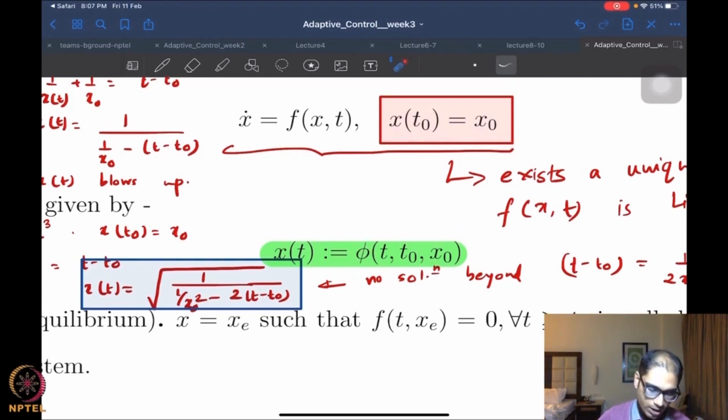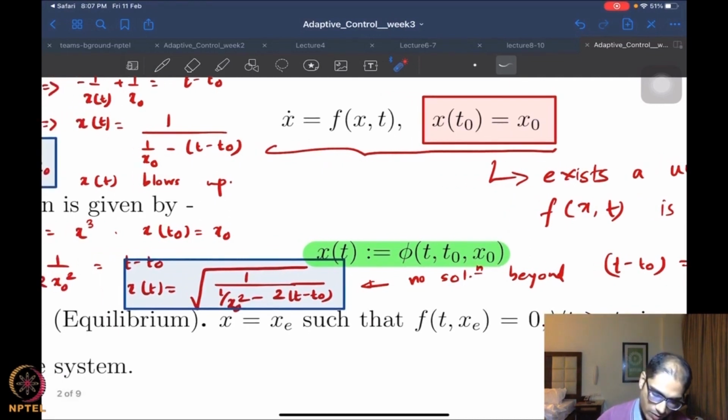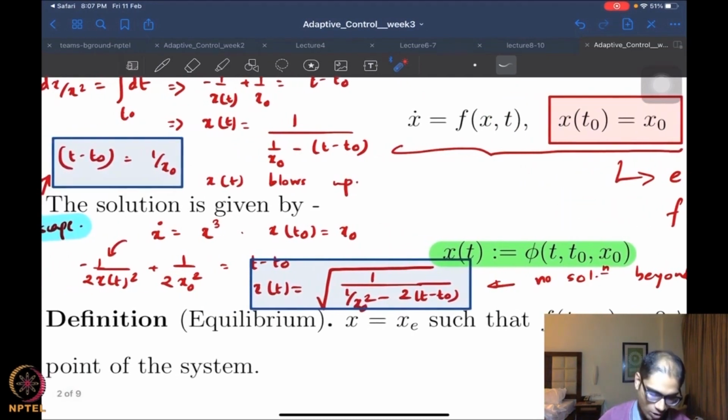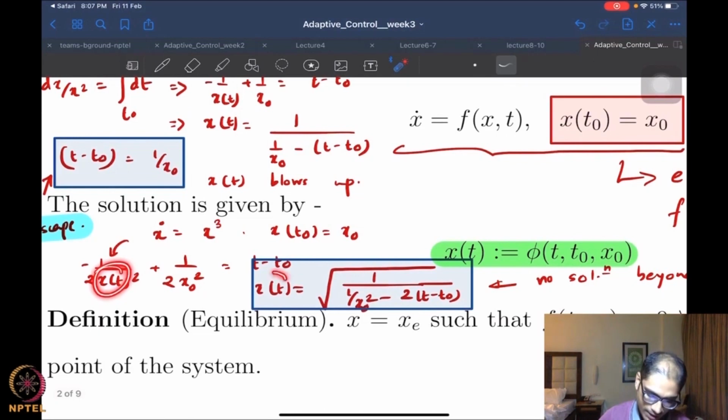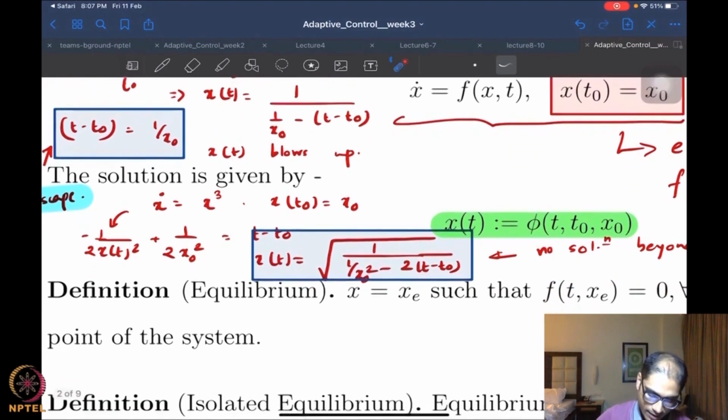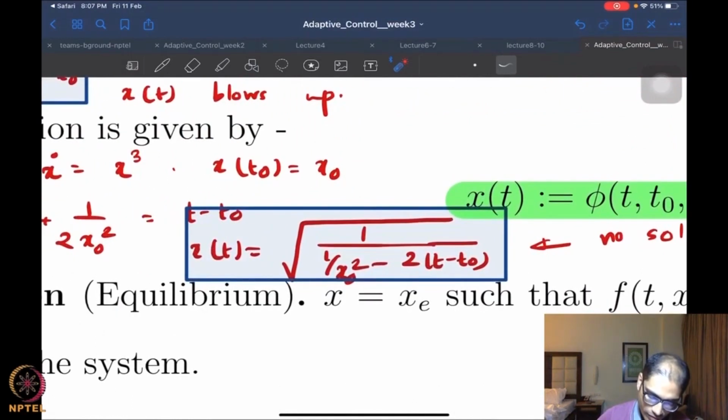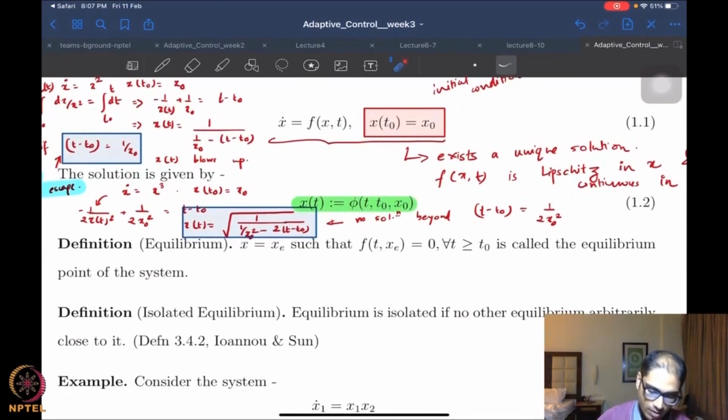However, for the purposes of keeping our notation under control, we actually just call it x of t. Just like we did in all our examples, we called the solution x of t. In fact, in all these cases, the solution was a function of t, initial time, and initial state, so it was actually a function of all these three quantities.